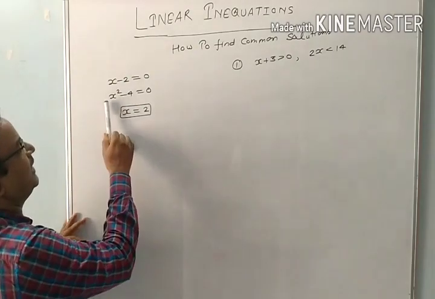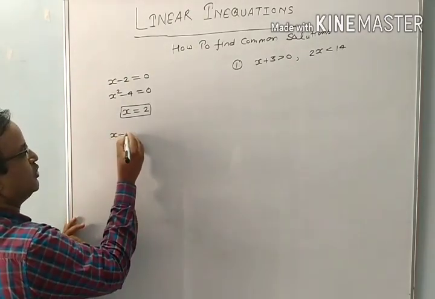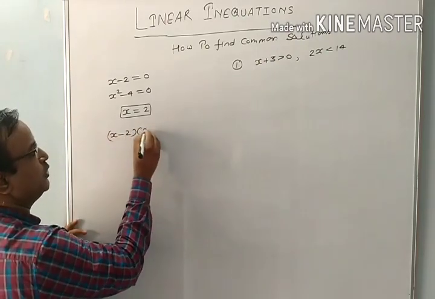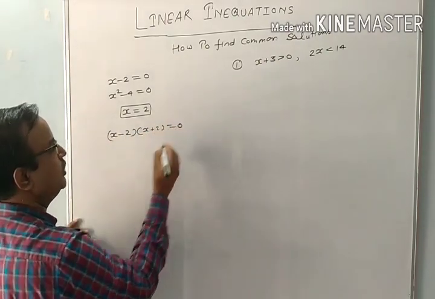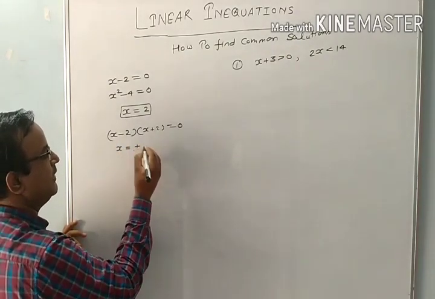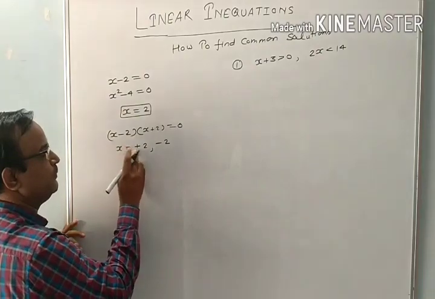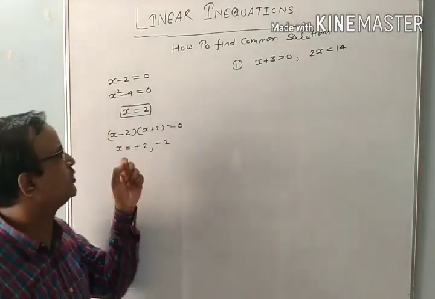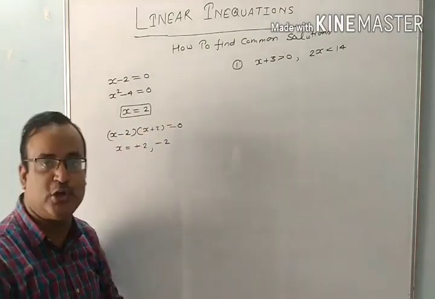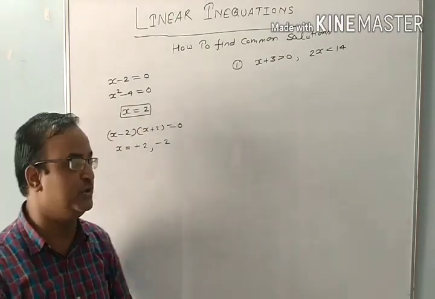Now x square minus 4 is equal to 0 is given. When we factorize x square minus 4, we write it as (x minus 2) into (x plus 2) is equal to 0. So there are two values of x: first is plus 2 and second is minus 2. Now we have to find a common solution which satisfies both equations, x minus 2 is equal to 0 and x square minus 4 is equal to 0.